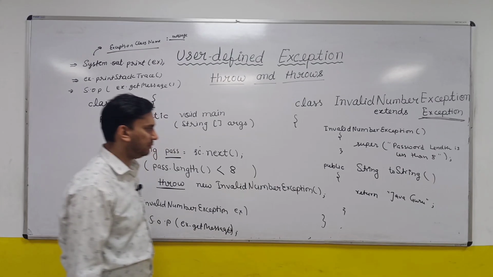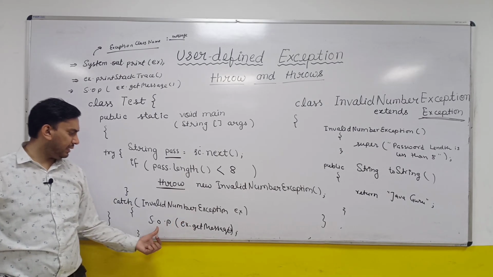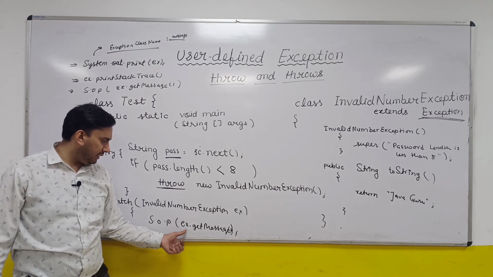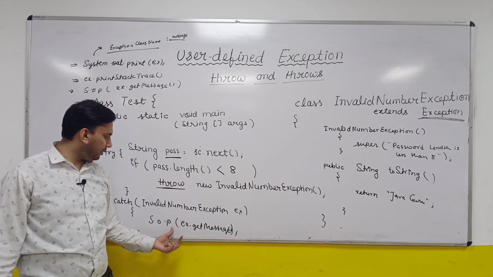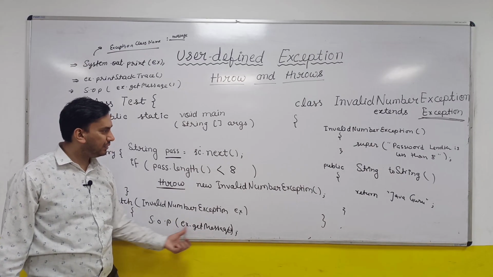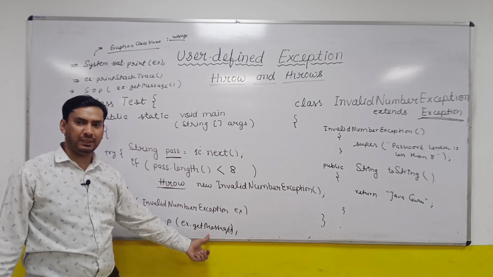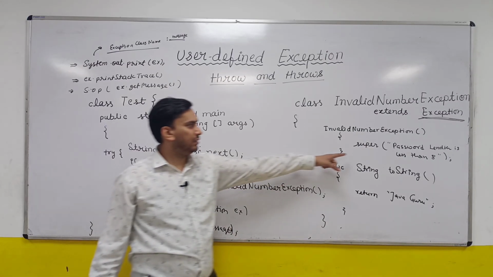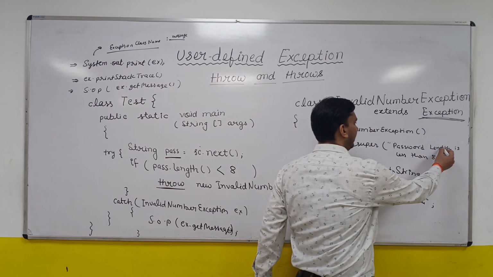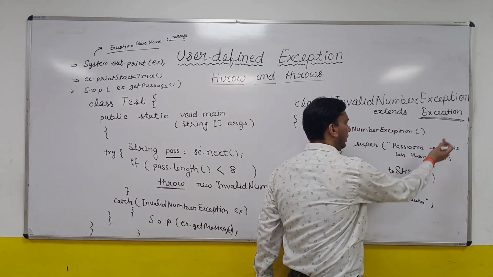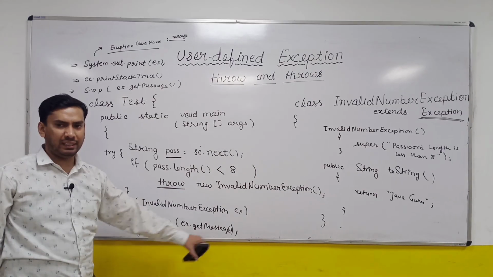Now the question is, if I write here InvalidNumberException, and suppose the exception occurred, and I print ex.getMessage, what will be the output? The getMessage method will always print the message. What is the message here? Password length is less than 8. So it will print the message only, because I am printing ex.getMessage.